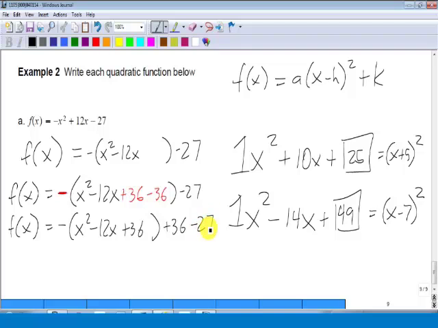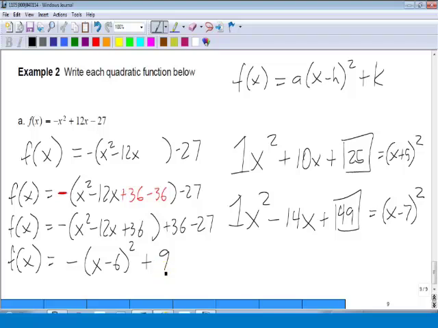So there we go. I think we're ready to write the final answer here. F of x equals the negative of x minus 6 inside there, and then plus 9 on the outside. So that puts it in the form that we want.